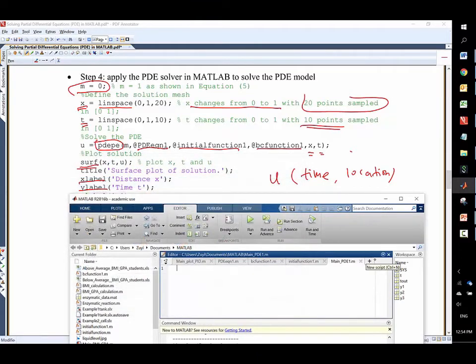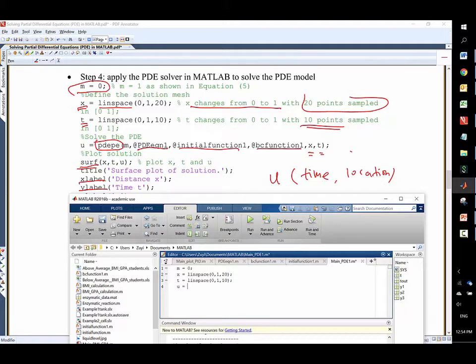So I say m equal to 0, s equal to linspace from 0 to 1 with 20 sample points, and then we get t. Similarly, you use linspace, changing from 0 to 1. So we normalize the input, the space and time. You get 0 to 1, and then you get 10 sample time points.